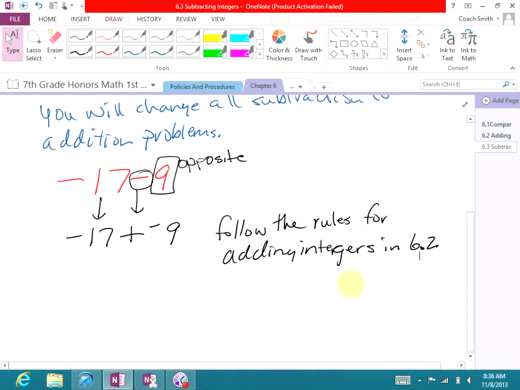So, the rules say that when I have two negative numbers, what do we do with the numbers themselves? You add them. So 17 plus 9 is 26, and we keep the negative sign. So that's what negative 17 minus 9 represents: negative 26.